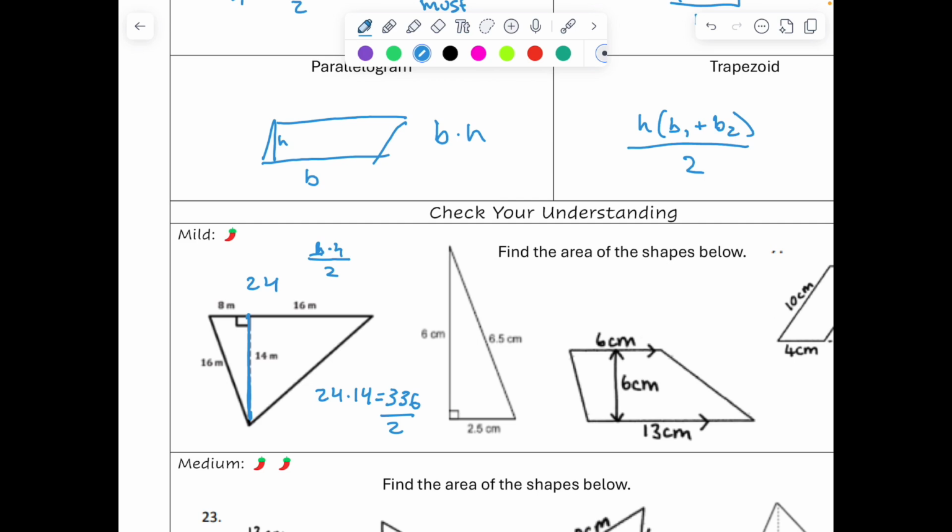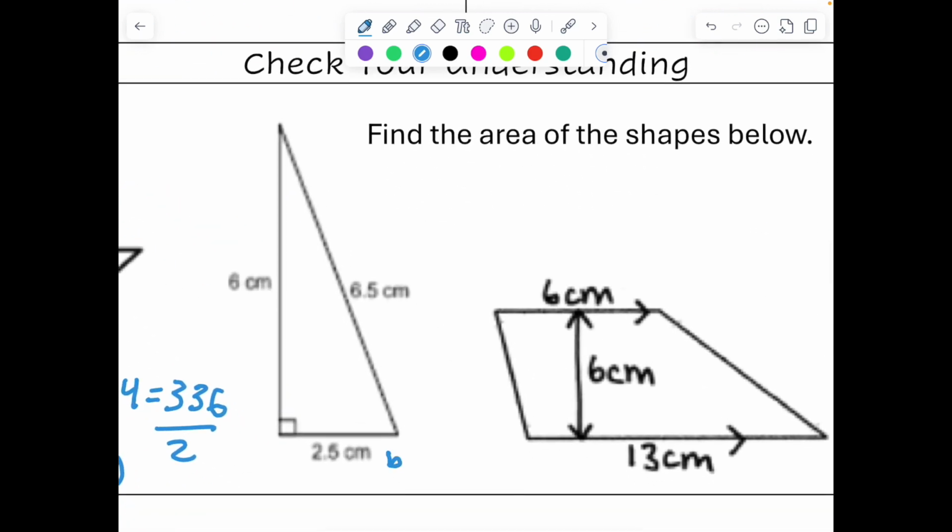So that's going to be 168 meters squared. Okay, this one, the base is 2.5, the height is 6 because they make a right angle. So 6 times 2.5 divided by 2, that's 7.5 centimeters squared.